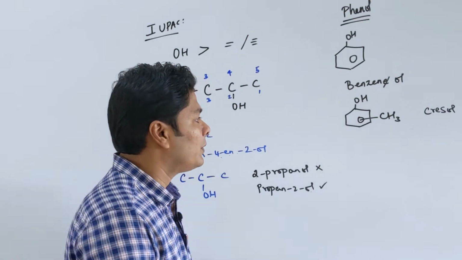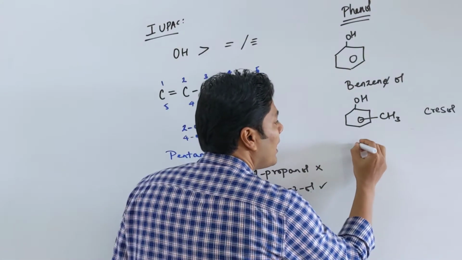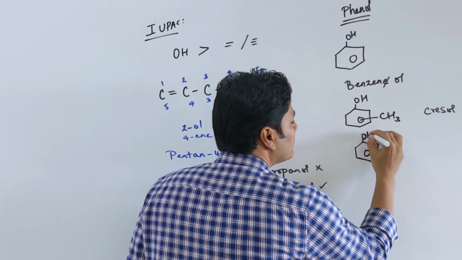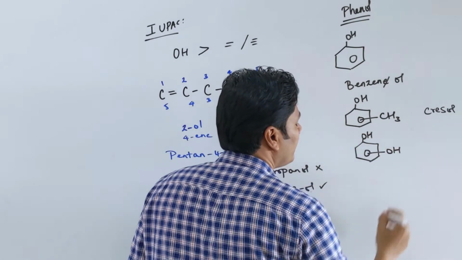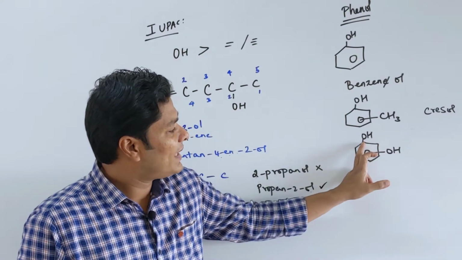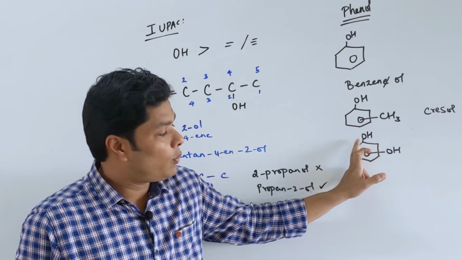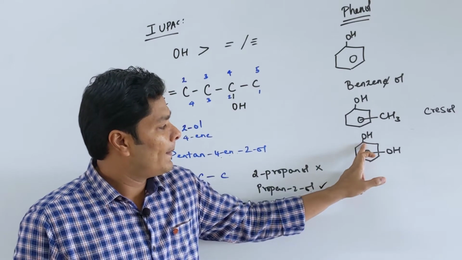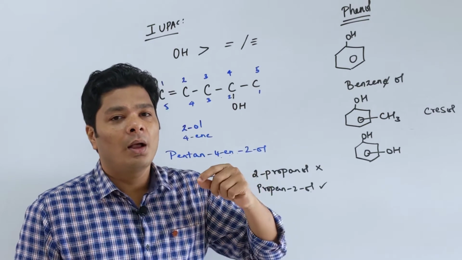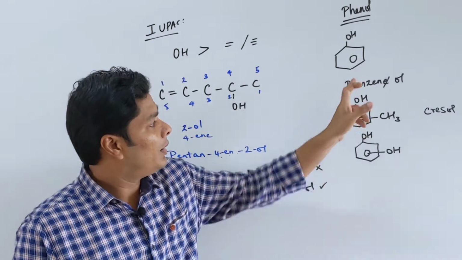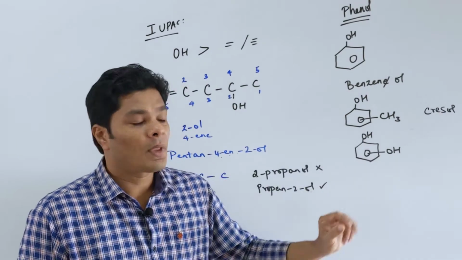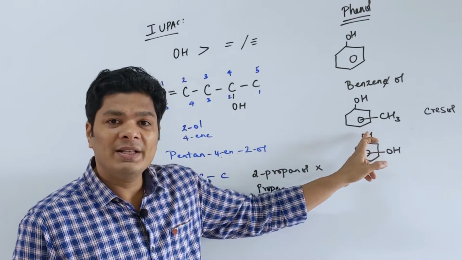Similarly, the other compound that you want to remember is the dihydroxy derivative of phenol. This can be in 1,2 position, 1,3, 1,4. You can name it as a benzene derivative: benzene-1,2-diol, benzene-1,3-diol, benzene-1,4-diol.